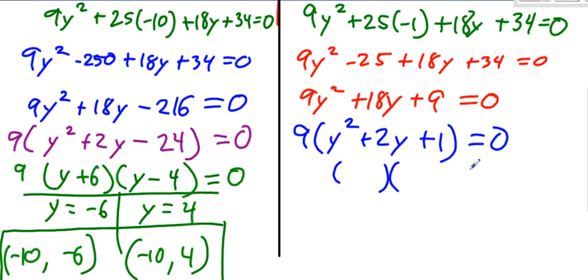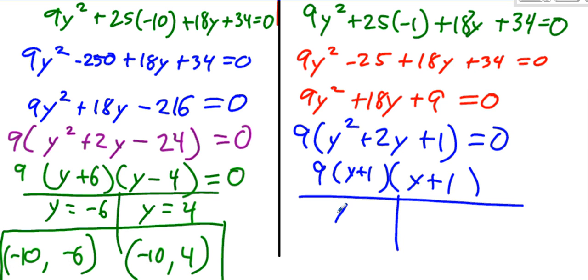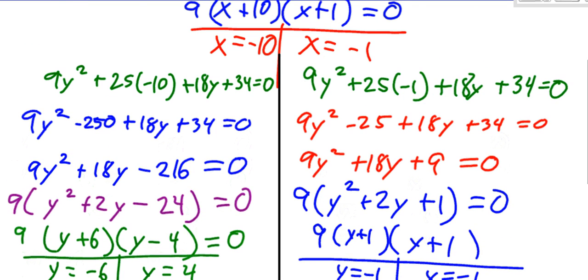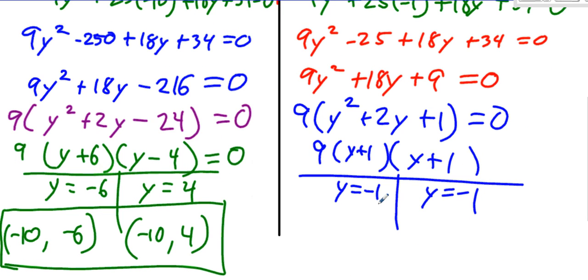Factor it. That's y plus 1, y plus 1. Tee it up. y equals negative 1 and y equals negative 1. So there's only 1 point that we get here because when x was negative 1, we get negative 1 and that's the only y value. So negative 1 comma negative 1.